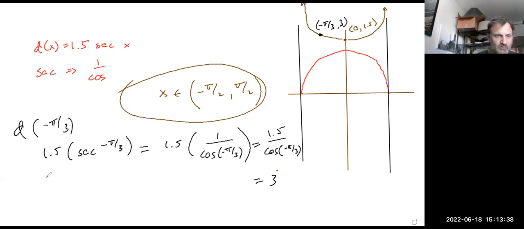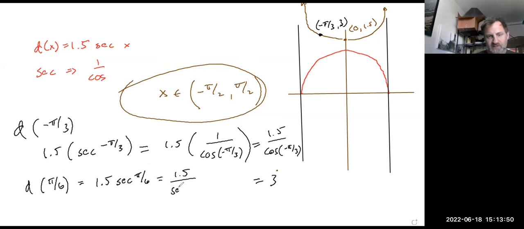Then there was another one, which was d of pi sixths. So we can go back through the same process. Secant of pi sixths, 1.5 divided by secant, divided by cosine of pi sixths. And cosine of pi sixths.